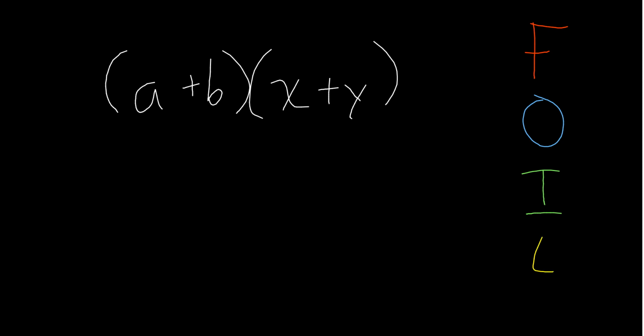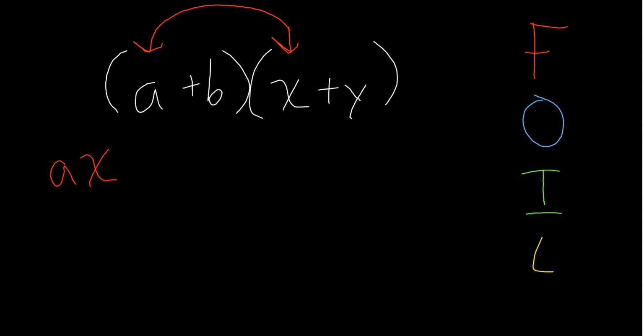So the first is my first two terms. Oh, Sherman. My first two terms. I think I did that a second ago too. Okay, so my first two terms are a and x. So we're going to say ax.